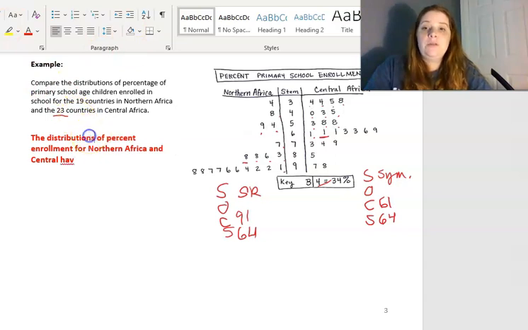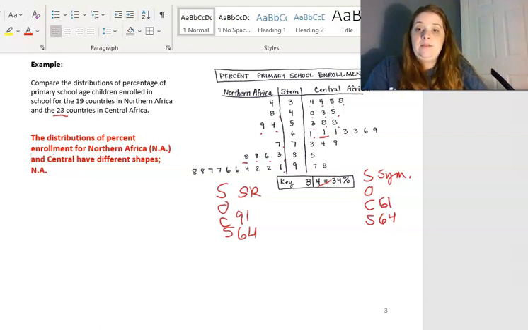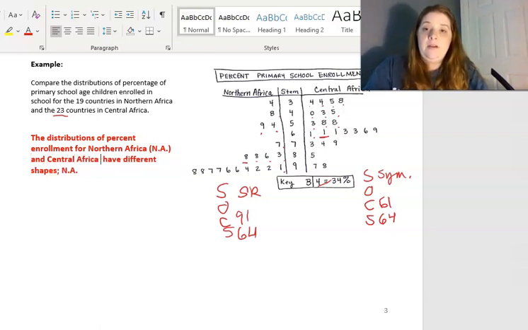The distributions of percent enrollment for Northern Africa and Central Africa have different shapes. Northern Africa, I'm going to abbreviate that from now on as NA. And Central Africa, I'm going to abbreviate that as CA from now on.